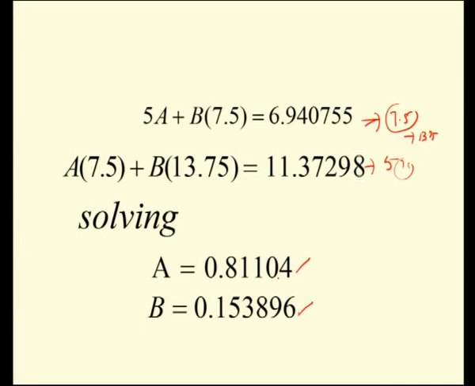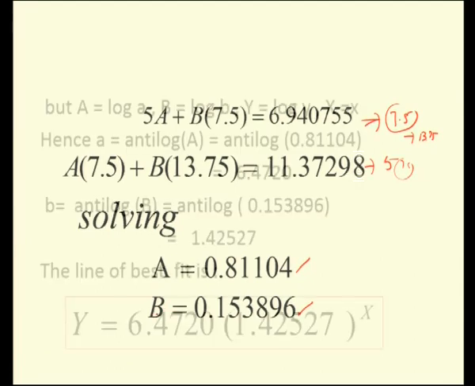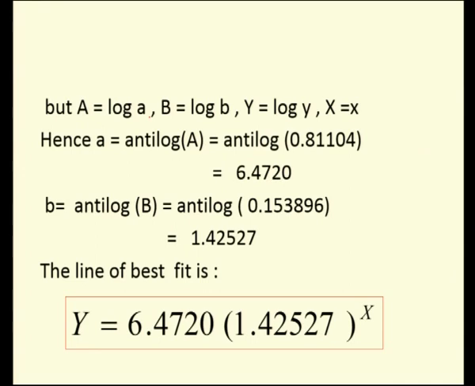A equal to 0.81104 and B equal to 0.153896. But these are the values of the transformed variables. We have to come back to the original form. That is, we have taken A as log a, B as log b, Y equal to log y, X equal to x. So if you want a, we have to take the antilog of A. The antilog of my capital A, which I found to be 0.81104, is 6.4720.